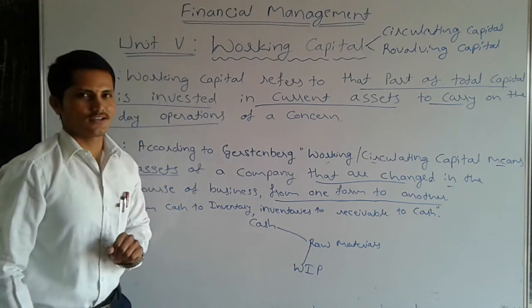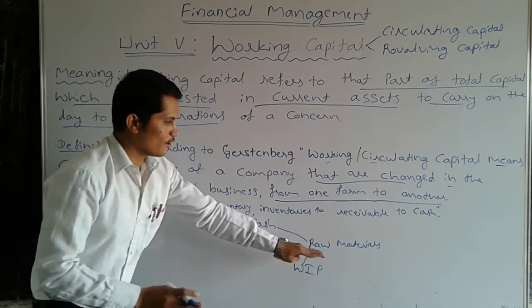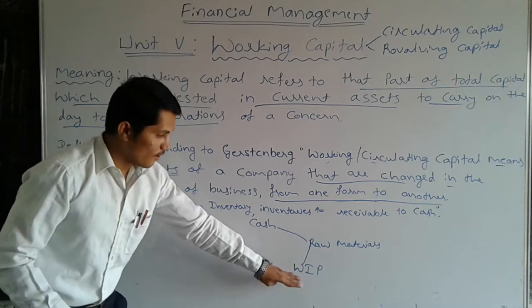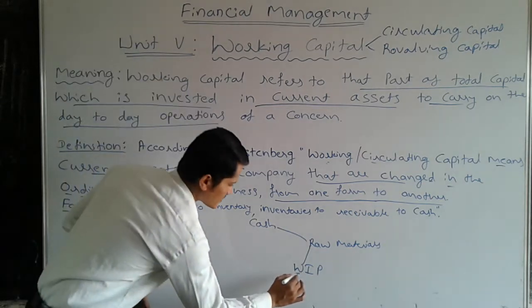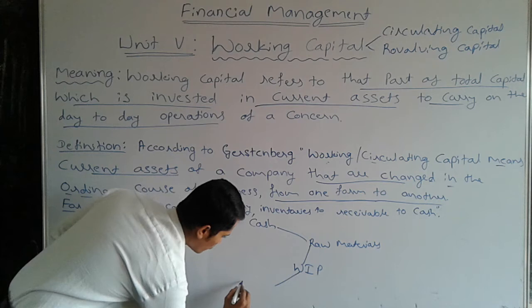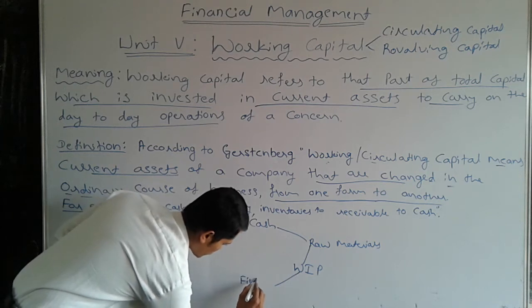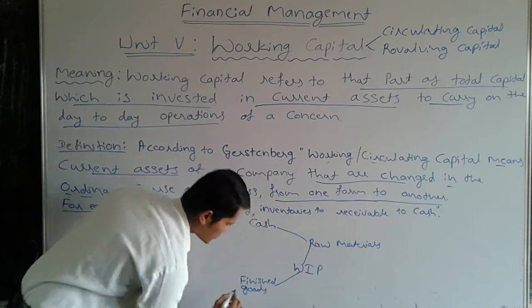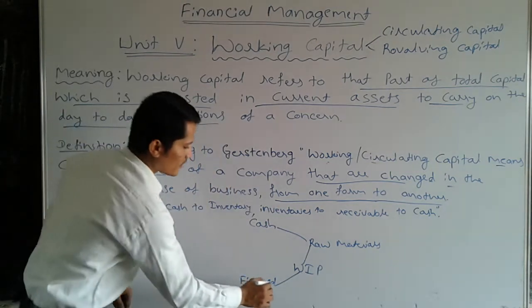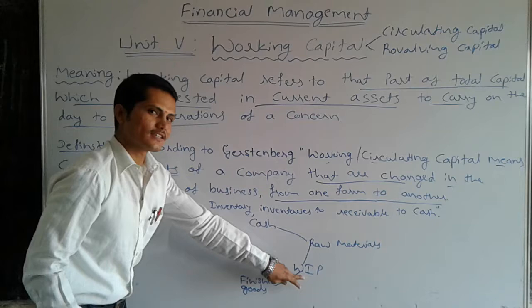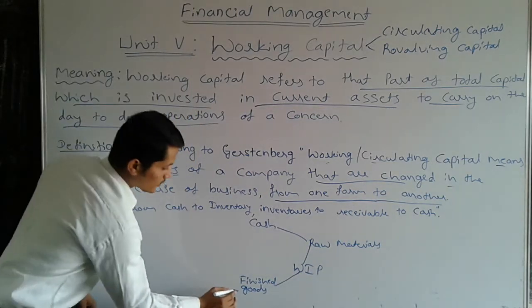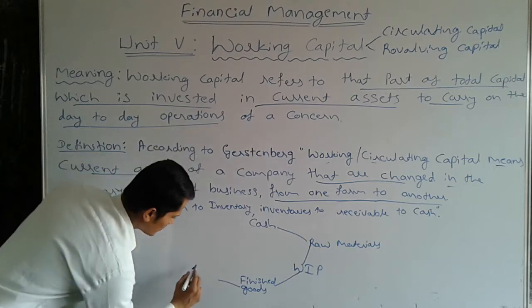After the work in process we get the finished goods, which is also known as stock in trade. Work in process is converted into finished goods, and after that we sell them.